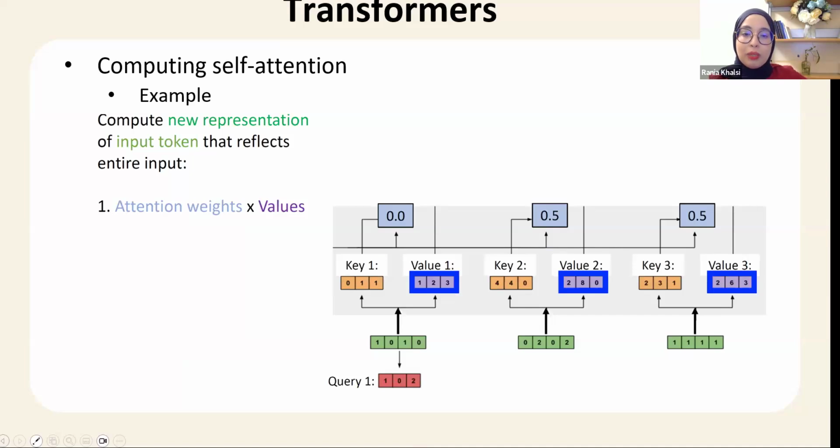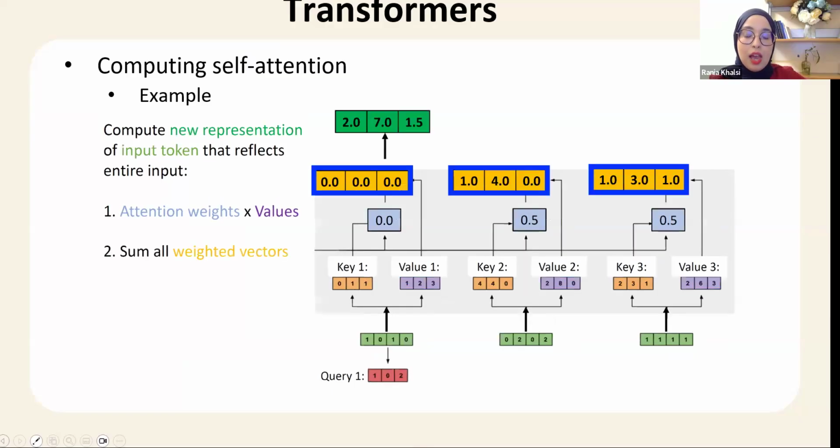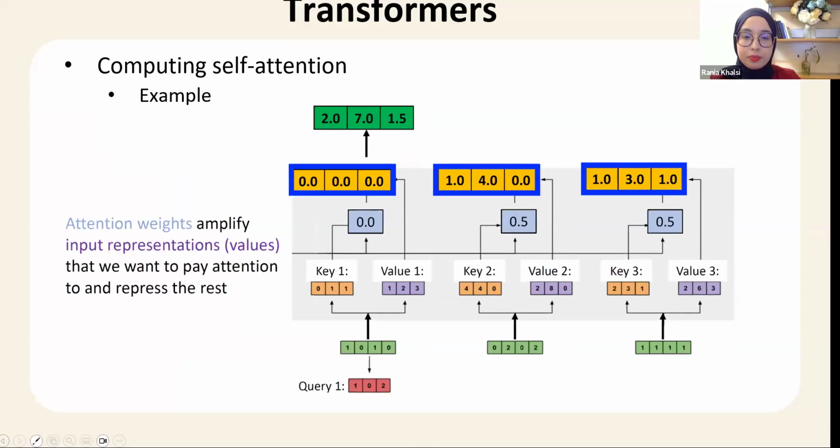Next, we are going to multiply these attention weights with the values. And as a result of multiplying the attention weights by values, we will have these weighted vectors, okay? So here, the weighted vectors have zeros somewhere.